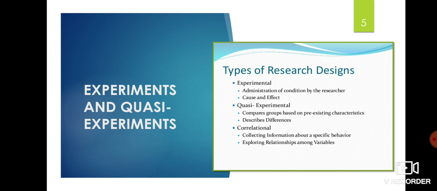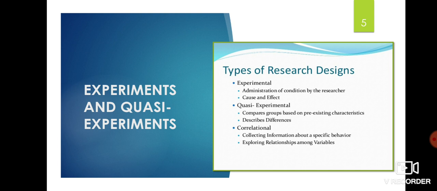Like, for example, class, kung hindi ka sure about the requirements or the characteristic of your participants, okay, you go on with the quasi-experimental. Kasi kung hindi ka sure, ibig sabihin you don't have any 100% control over your subject.